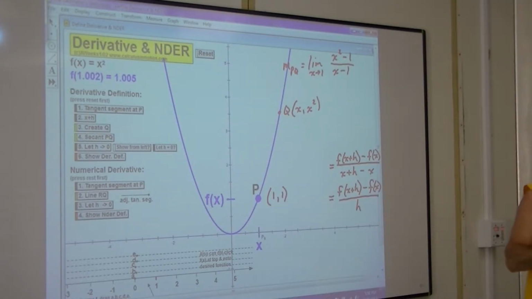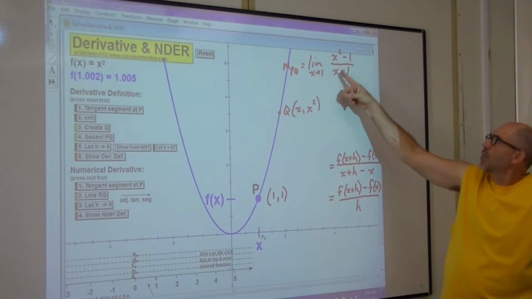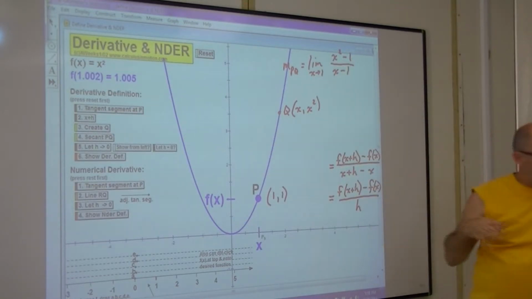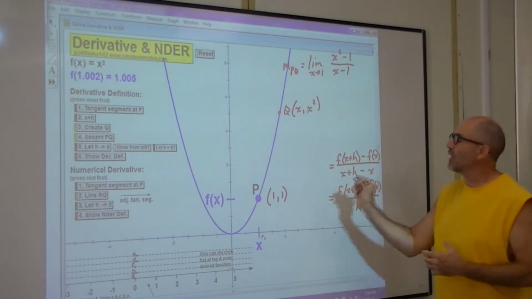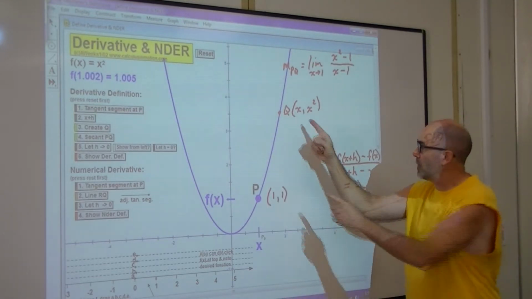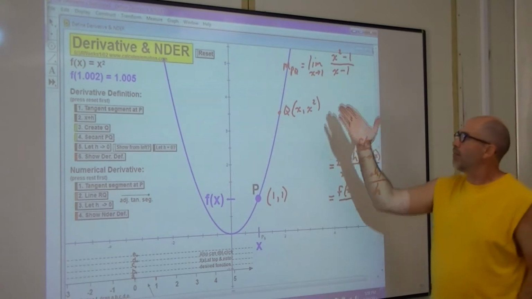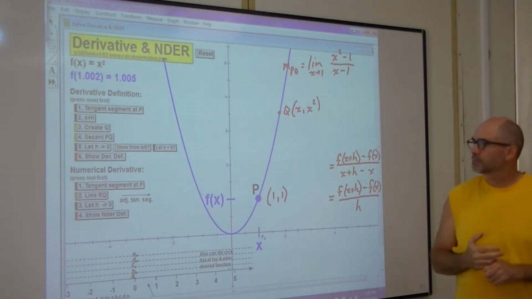We're going 100th away, 1.01. Now when I put in 1.01, square it, subtract 1, 1.01 minus 1, divide, that's going to give me a slope of 2.01. And when I put 1.001, only 1,000th away, when P and Q are 1,000th away, then the slope of PQ ends up being 2.001.